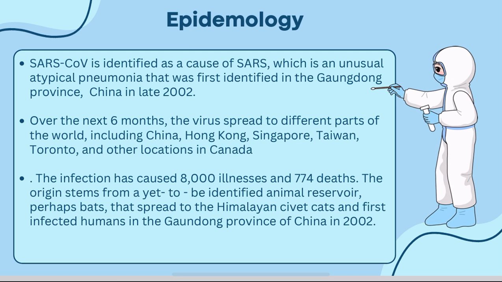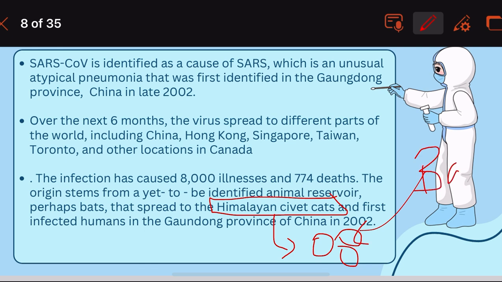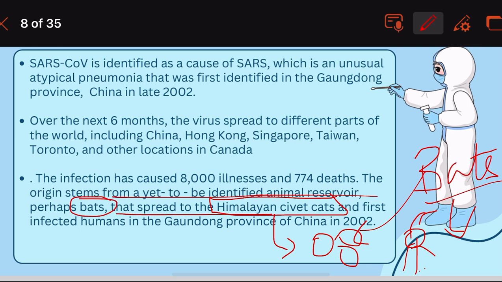So the Himalayan civet cats ingested the fruits and dropped them, which were picked up by the bats, and these bats spread the coronavirus to the humans. Is it clear? It is a yet to be identified animal reservoir, that is the bats, which spread to the Himalayan civets and first infected the humans.